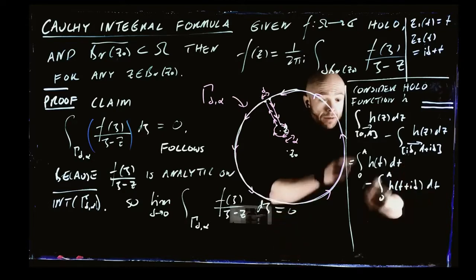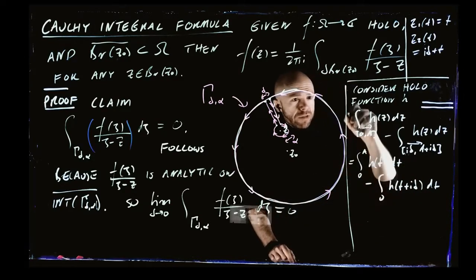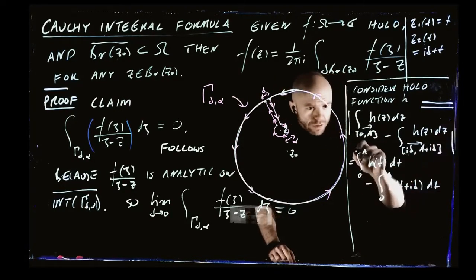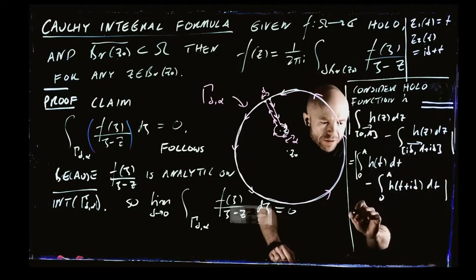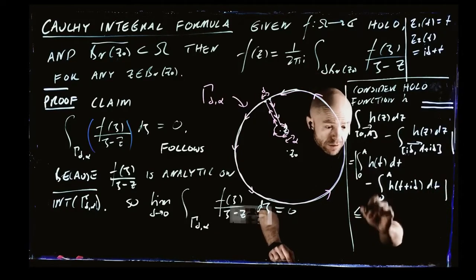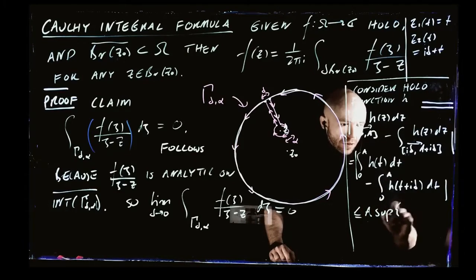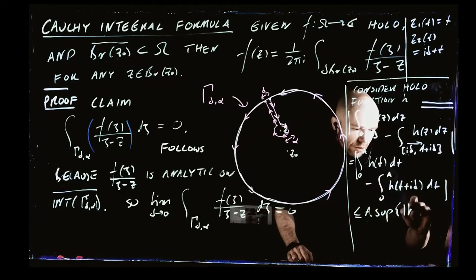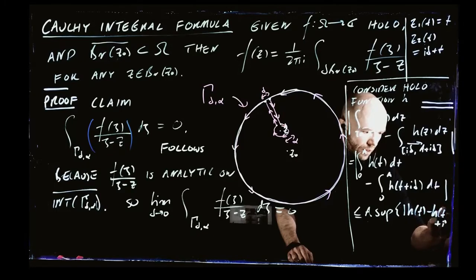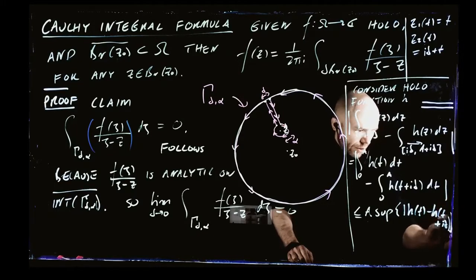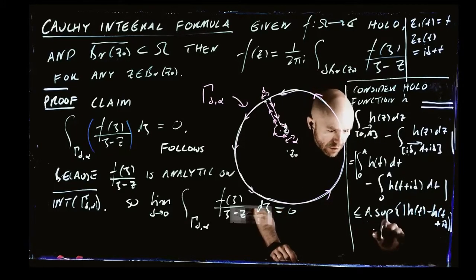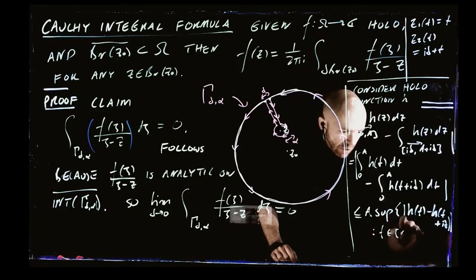Cool. So then what is this? If we take the absolute value of this, it's less than or equal to the length that we're integrating over, times the supremum of the difference between h of t and h of t plus I times delta, where t belongs to 0 to a.